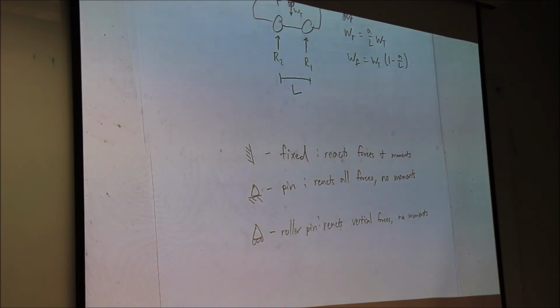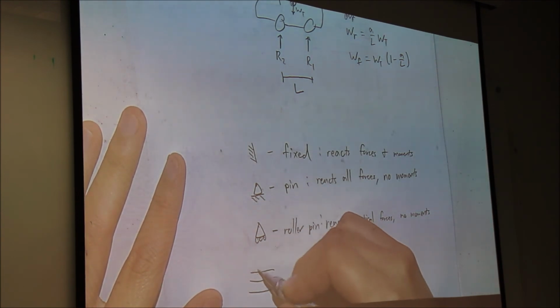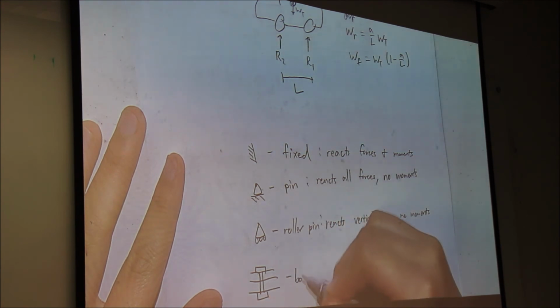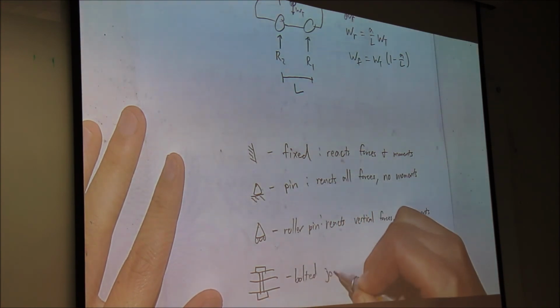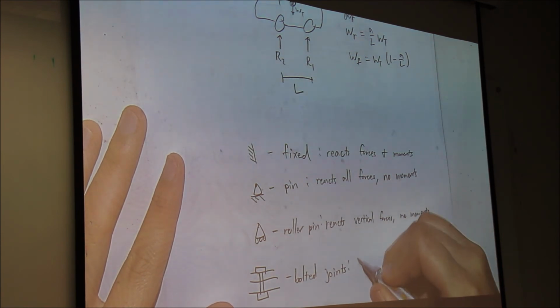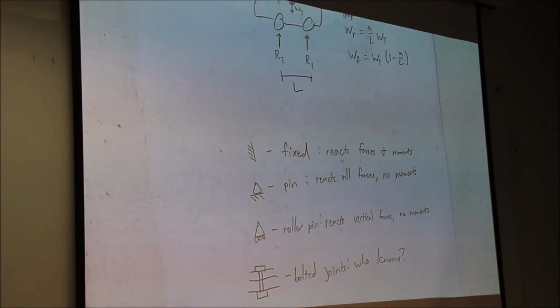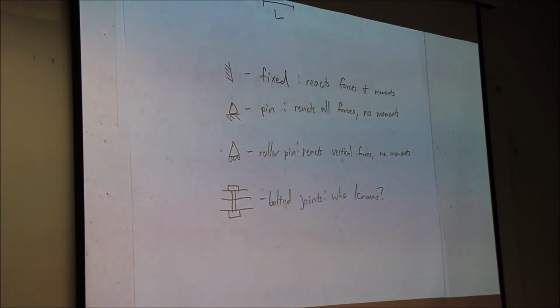Yeah, so bolts are actually really complicated to model. It's kind of ridiculous. Once you get into FEA, you'll realize that. So you can model them, and depending on how accurate you need to be, there are different ways you can do it.